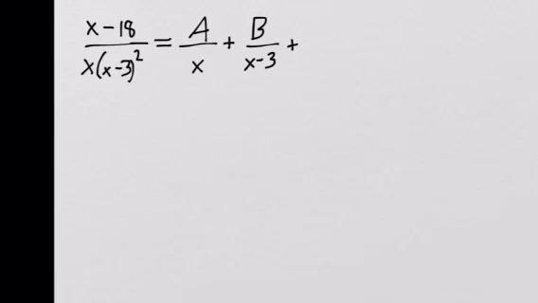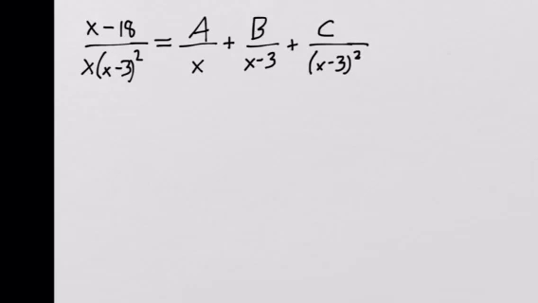But with another fraction, we'd be tempted to do x minus 3 again, but then who knows which one it is between the B and C, and it actually turns out we wouldn't even get a solution with that. Instead, for the C one we're going to put the denominator as (x minus 3) squared.